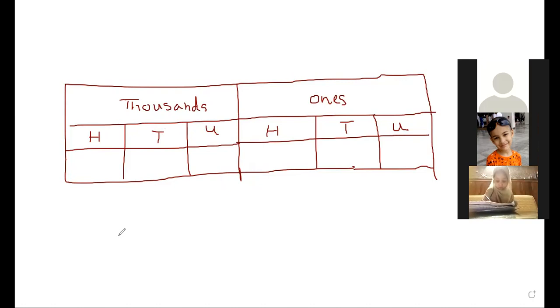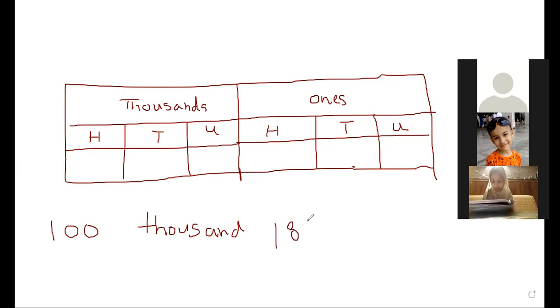So I'm going to do the second one for you, that is 100,180. Whenever we read a larger value, what do we do first?